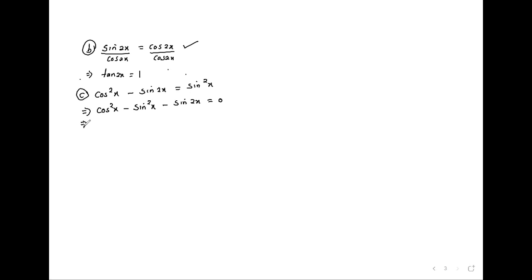So what are we doing? We're going to change our cos into sine form. So we have 1 minus sine squared x minus sine squared x. And then you write sine 2x as 2 sine x cos x equal to 0. And then this will give us 1 minus 2 sine squared x minus 2 sine x cos x equal to 0.